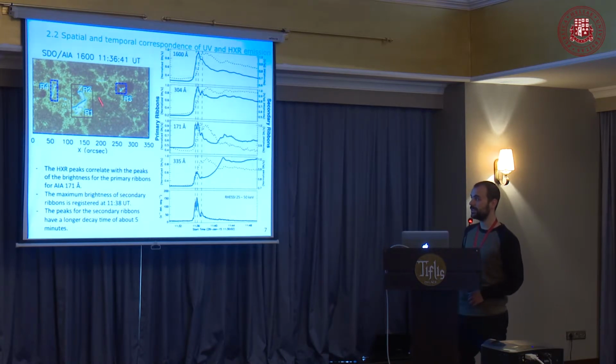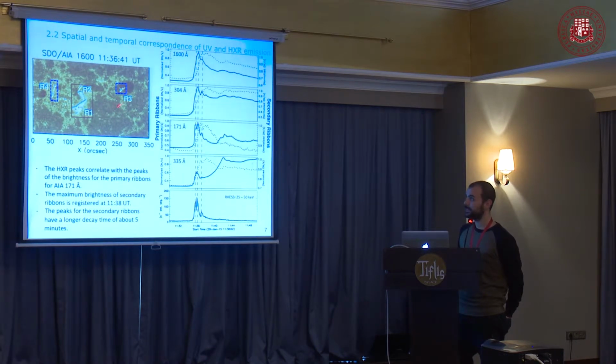If we see here the primary ribbons and the secondary ribbons plotted in black and in blue, and for comparison the 25 to 50 keV, we see that for the primary ribbons, especially for 171, the light curve closely resembles the hard X-ray bursts.